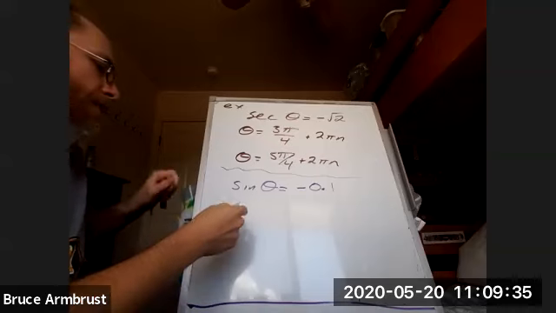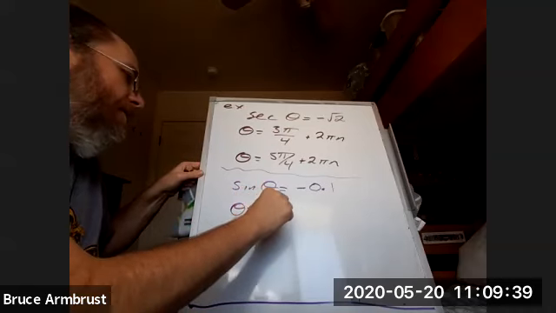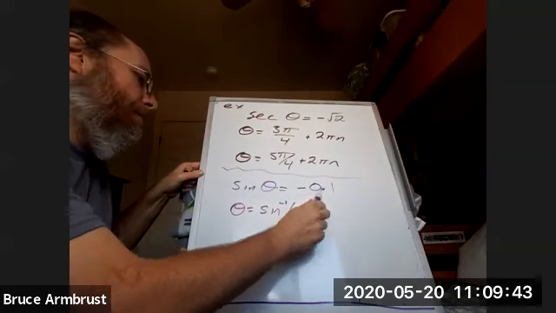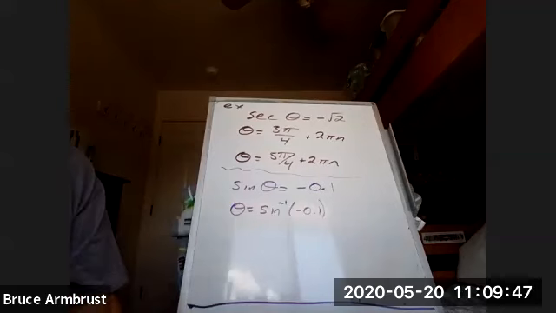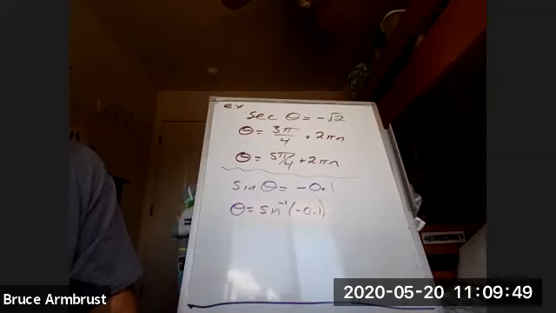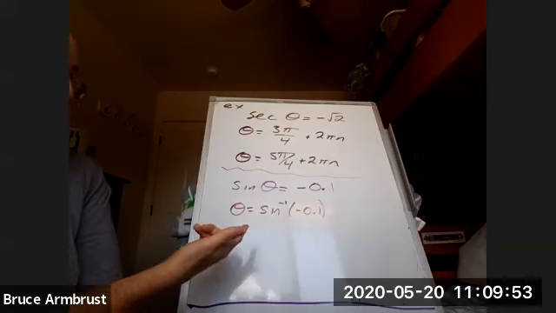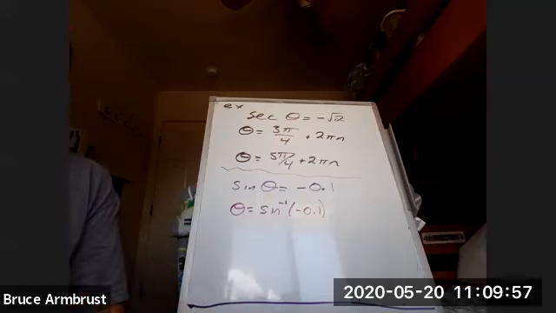And so one of our solutions is most definitely going to be inverse sine of minus 0.1. Right? There will be an angle that this gives me, and it is an angle whose sine is negative 0.1.